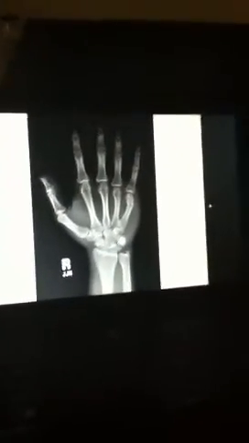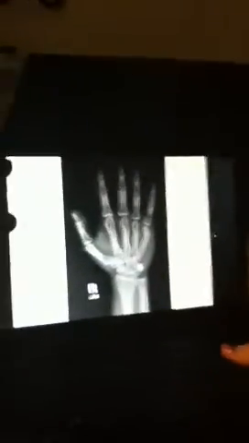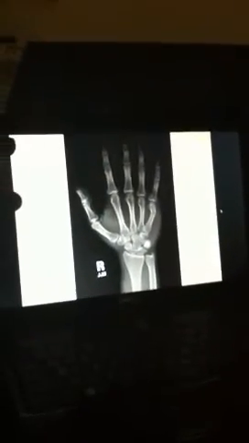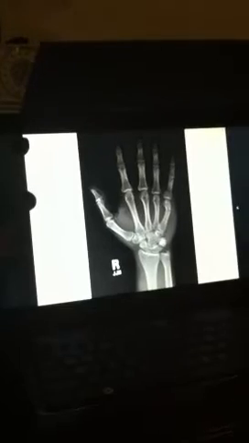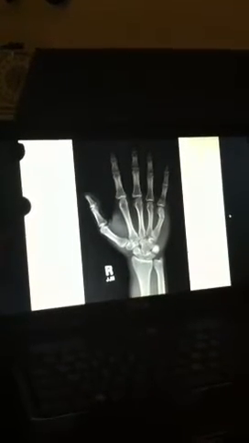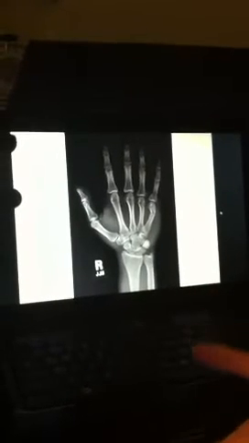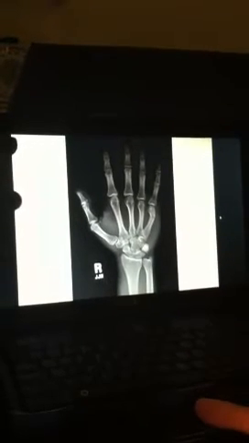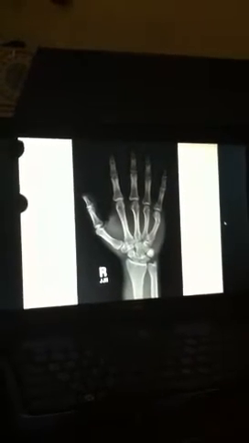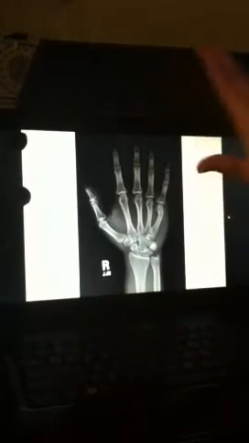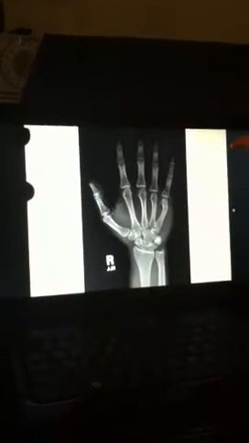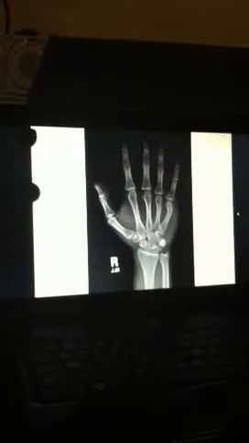So this is actually a shot like this. Your radius is over here, and the ulna is over here. So your radius is medial because it's been flipped. In anatomical position, the radius is lateral, right? So if this was your left hand, your radius would be over here. That makes sense? Okay.